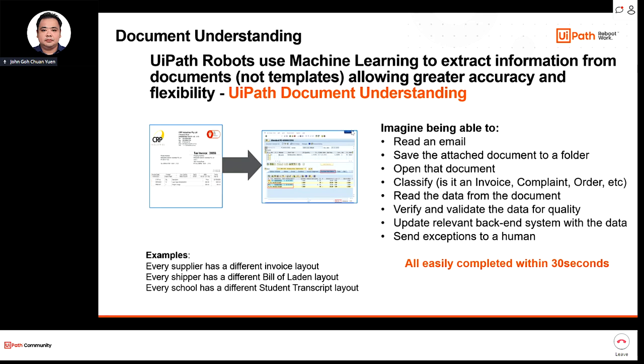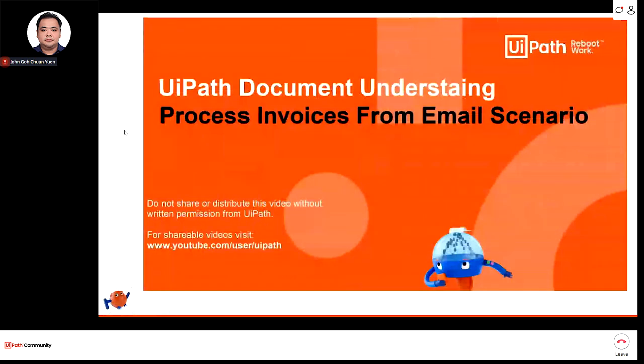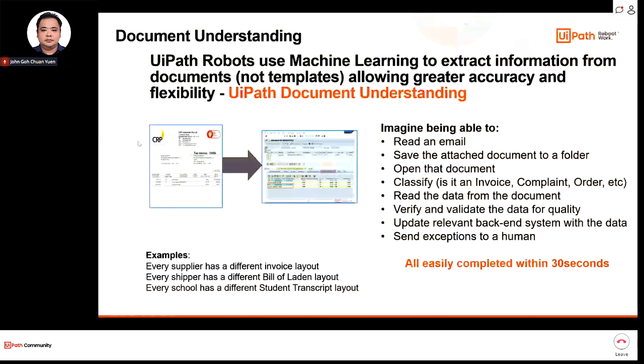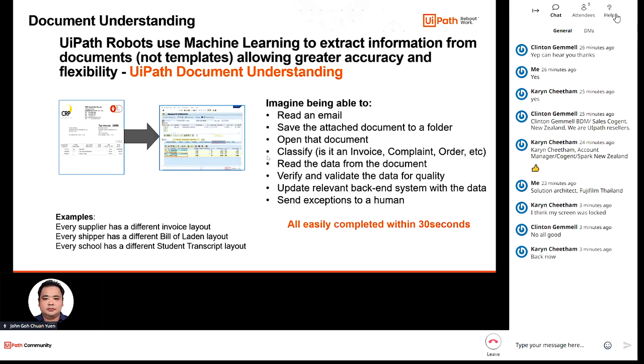Back to Document Understanding, there are two main things it will do. The very first thing is to classify. When we feed the document to the robot, the first thing the robot needs to know is what document it is, whether it is an invoice, a complaint, or a purchase order.